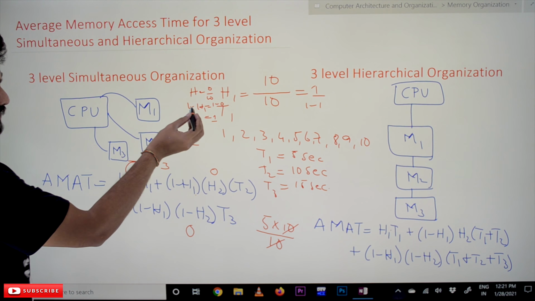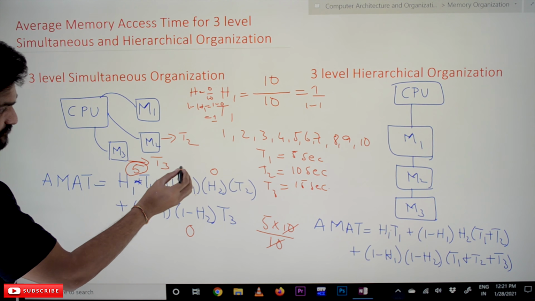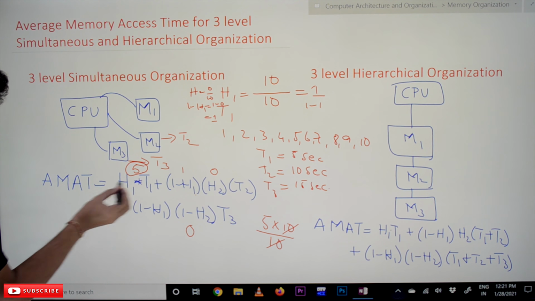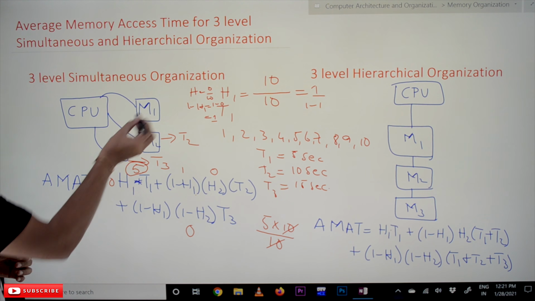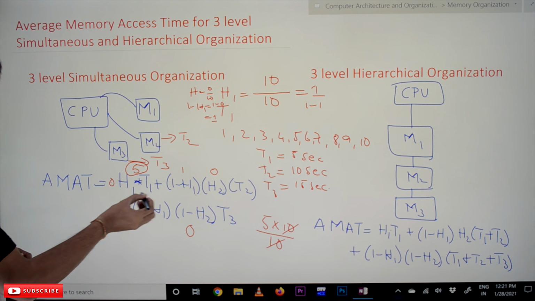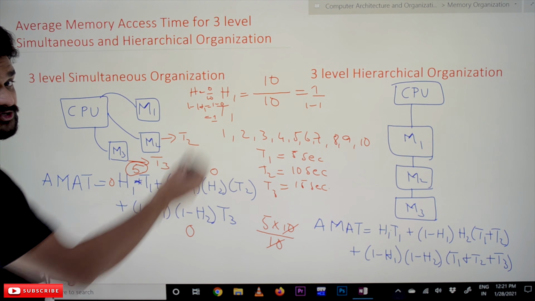So here 1 minus H1 is 1 and H1 is 0, so this part of the formula is going to be 0 because H1 is 0.